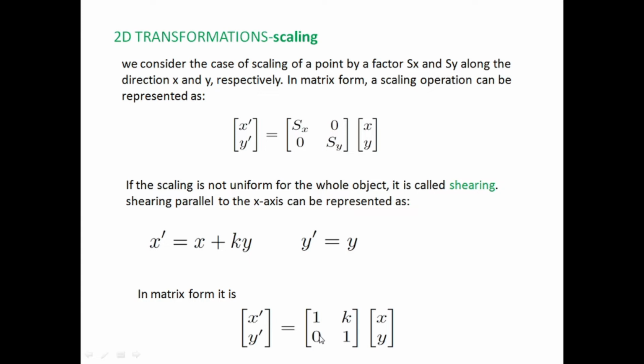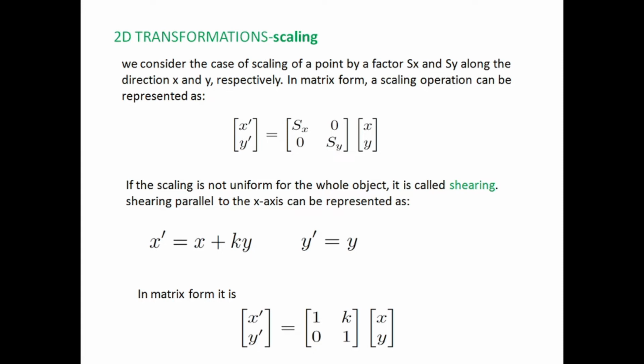The same thing you can observe here. But coming to x dash equal to x plus ky, as you have 0 here, it means y is not undergoing any change. Whatever the old value of y is, the same will be forwarded to the new value of y.